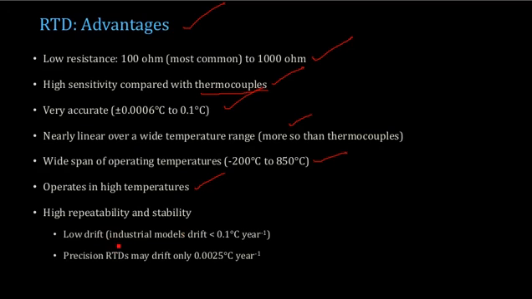In the sense, you are able to get results repeatedly using the same setup, even if you do it at different periods of time. The drift is very low in case of industrial models, and in case of precision RTDs, where your precision is very high, the drift is very small, in the range of 0.0025 degree Celsius per year. So per year it varies only this much.